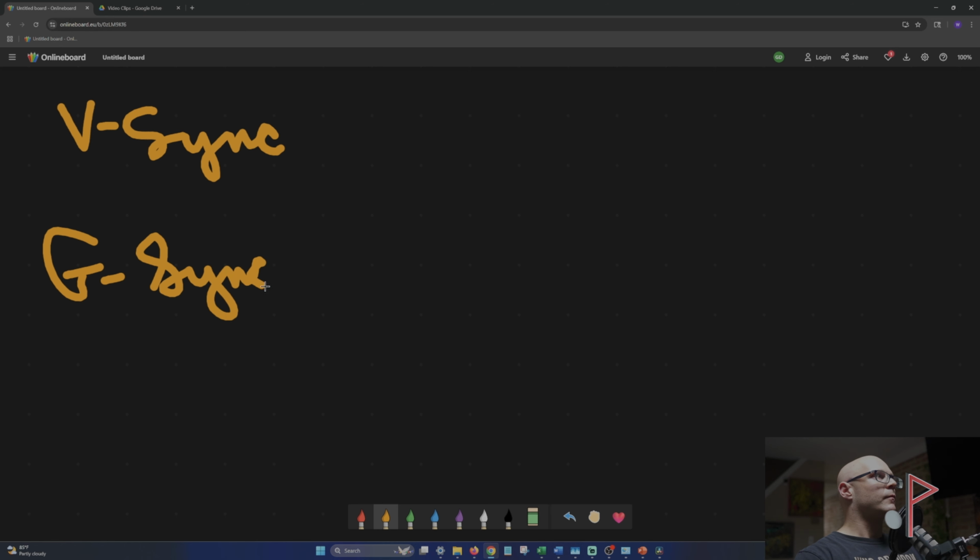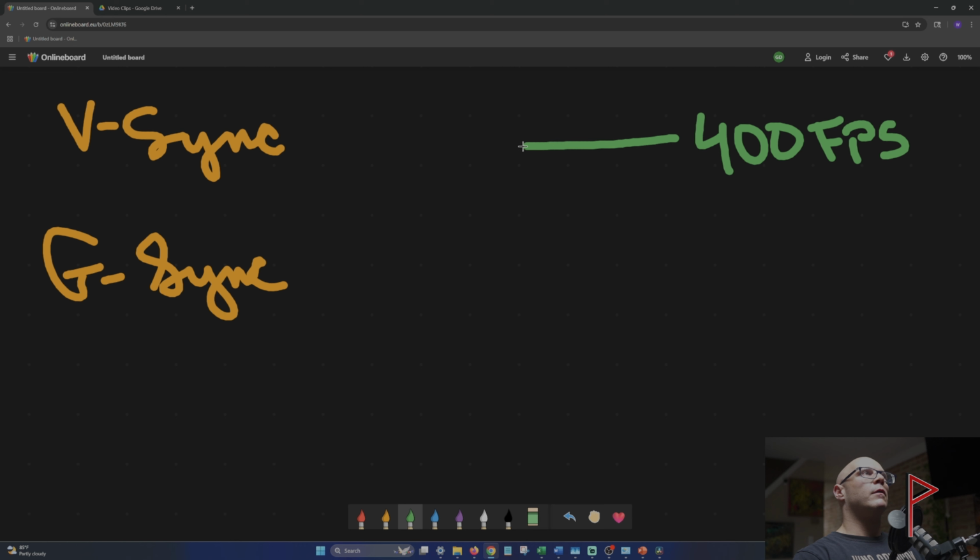So, let's say we've got this issue of microstutters. Here's a great way to fix it. We enable VSync, and for the reasons I just explained, we're taking what might otherwise render average FPS, say 400 FPS, and we're capping it to the monitor's refresh rate, which, if it's my monitor, is 240.